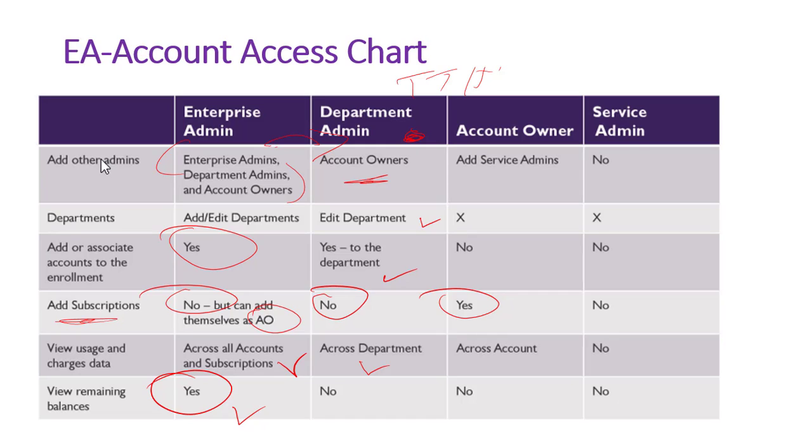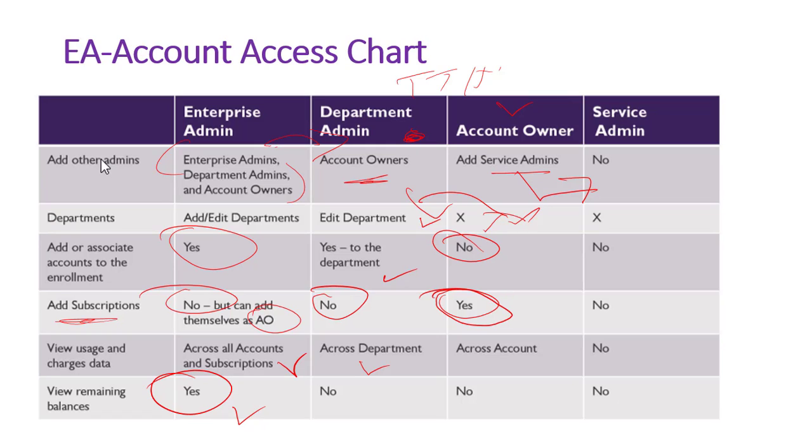When it comes to the account owner privilege, the account owner will create service admins who can manage the particular subscription, and he cannot create a new department. Only the department admin or an EA admin can create a department. He cannot add or associate any new accounts to the enrollment, and he is the only one who can add a subscription to the account.